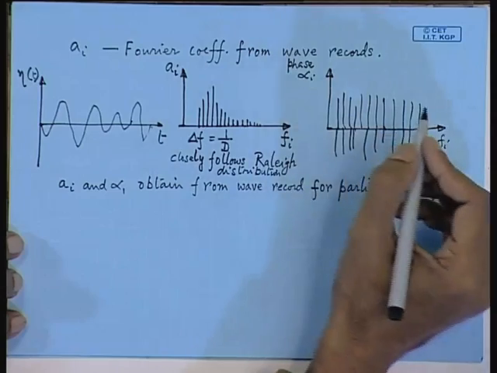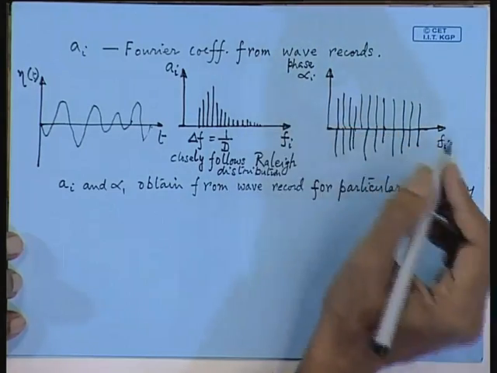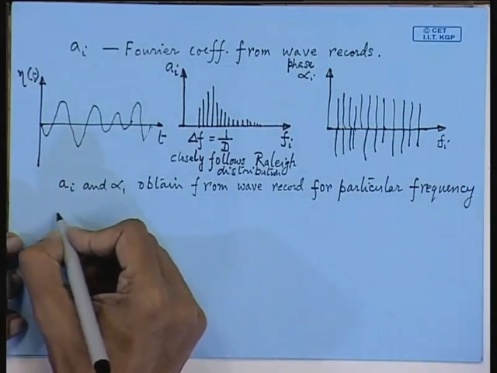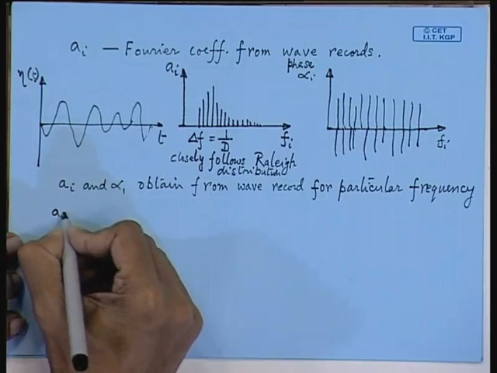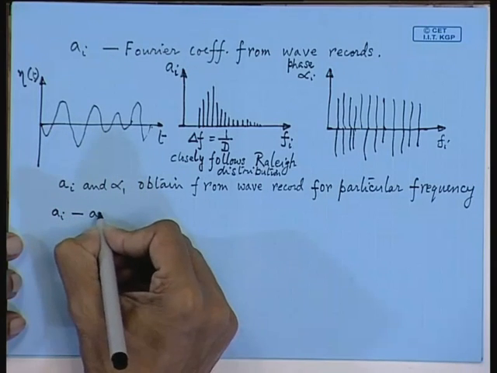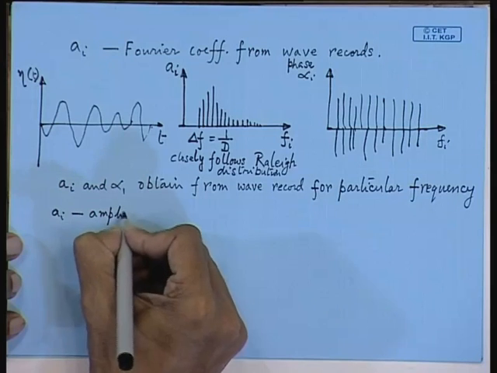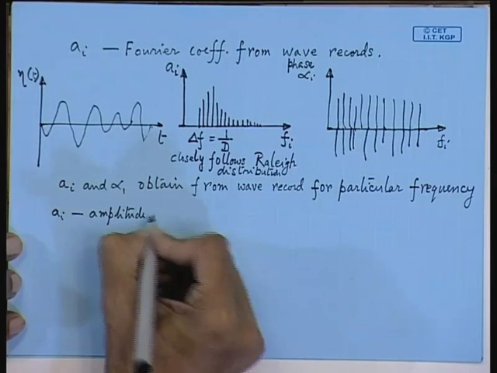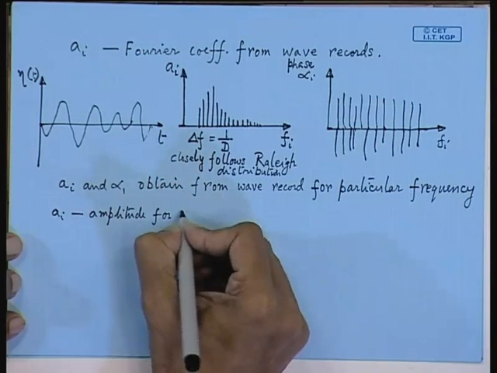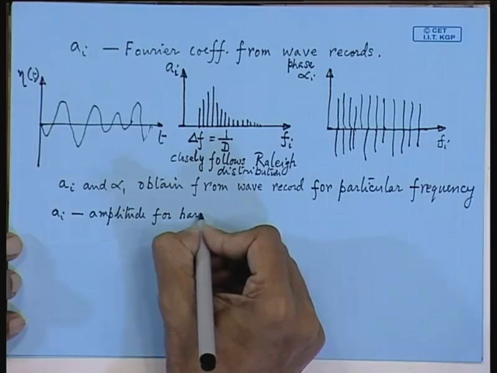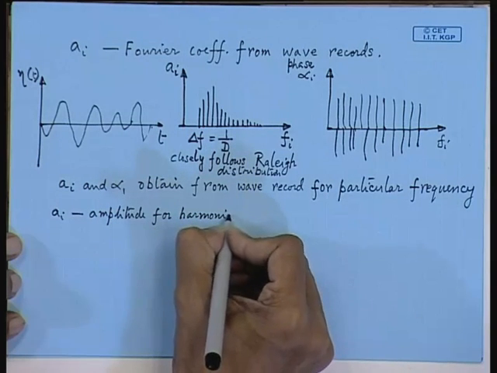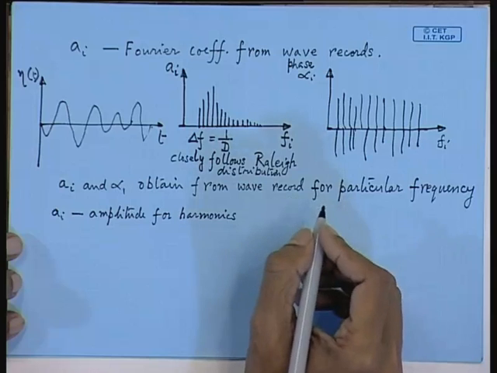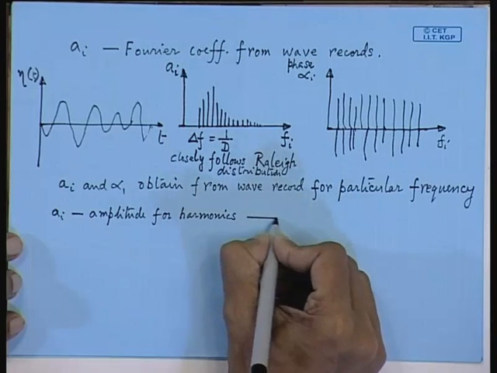Now, the phase angle alpha is your phase angle. So, AI is actually your amplitude for harmonics. With different frequencies, it follows what is called a Rayleigh distribution.